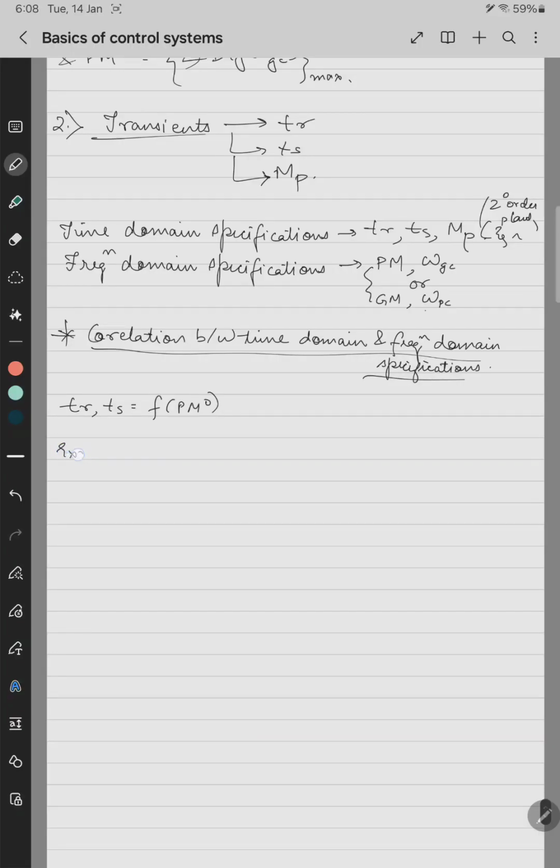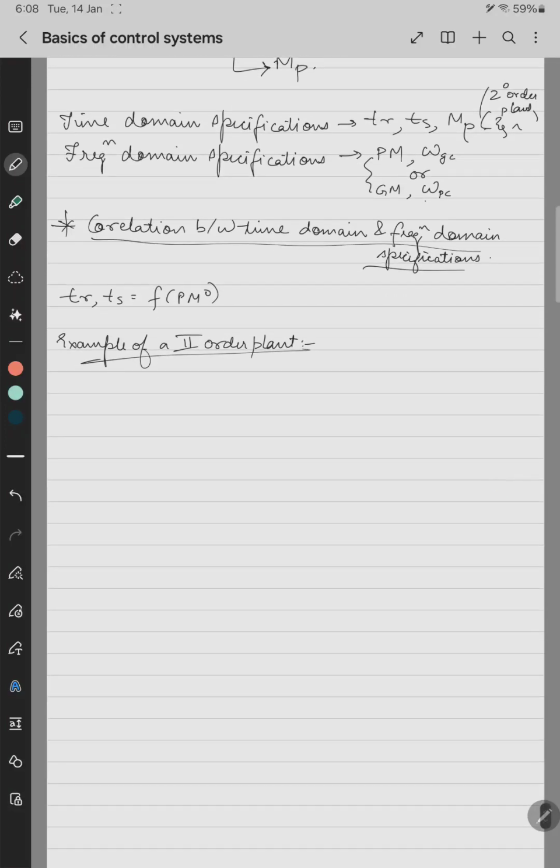So let's take an example of a second order plant, the one we took in the last class. The closed loop response of that plant using unity feedback and without any controller is omega n square over s square plus 2 zeta omega n s plus omega n square. So G of s will be omega n square divided by s into s plus sigma, where sigma is zeta omega n.